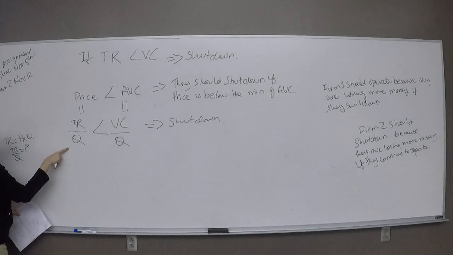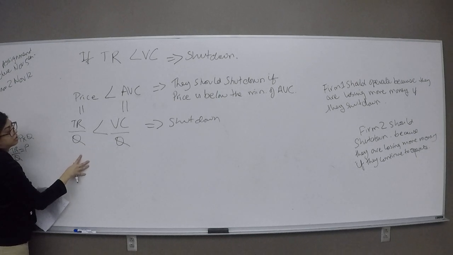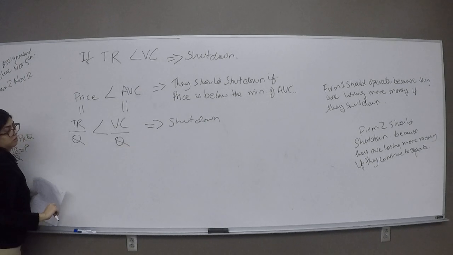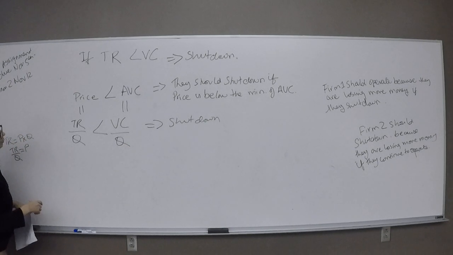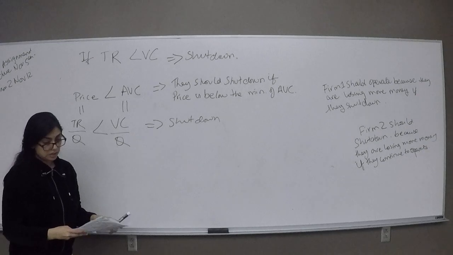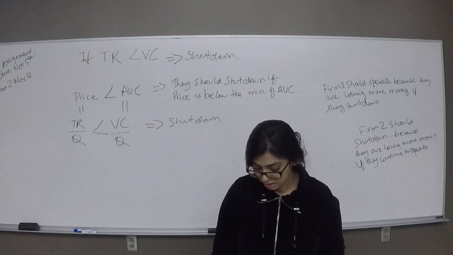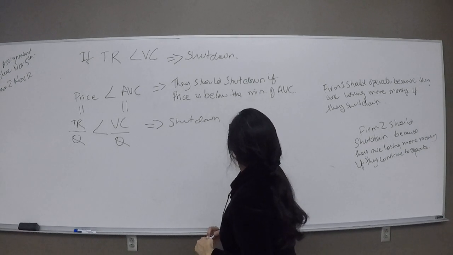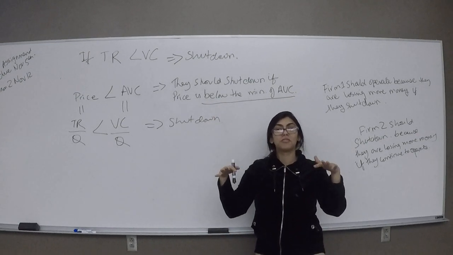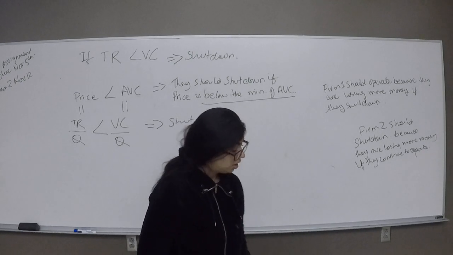So this is exactly equal to this, and AVC is exactly equal to VC divided by Q. If total revenue is less than your variable cost, shut down. So everybody clear on this, that you should shut down at the minimum of AVC and below that? Okay. Just making sure.